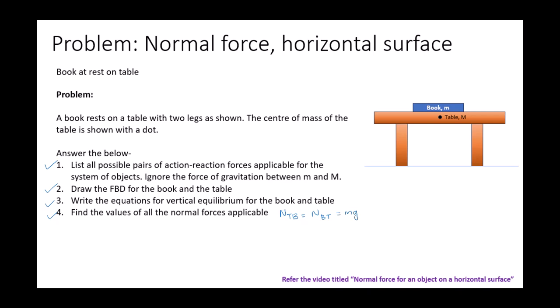Whatever value of m is given, based on that you can find out mg. And the normal force by Earth on the table will be equal to the normal force by table on Earth, and that will be equal to (M plus m) times g. So that makes the solution complete.